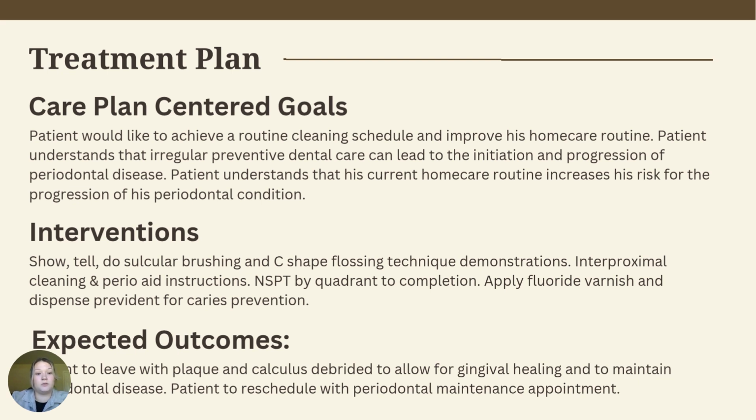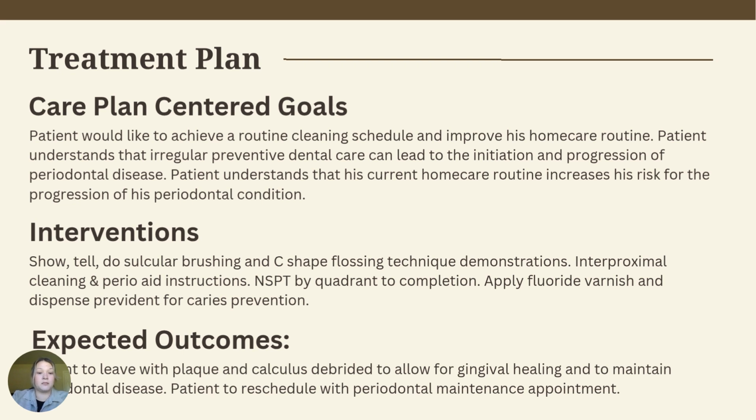His goal was to achieve routine cleaning, so he just wanted to improve his cleaning schedule and his home care routine. As far as interventions go, we talked about sulcular brushing and interproximal cleaning instructions.